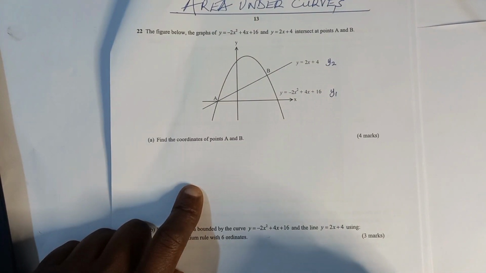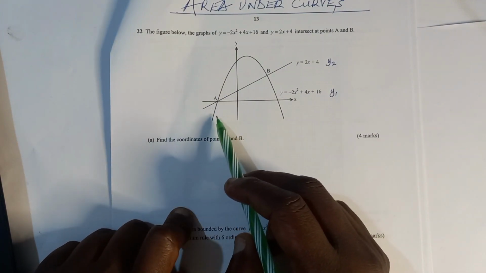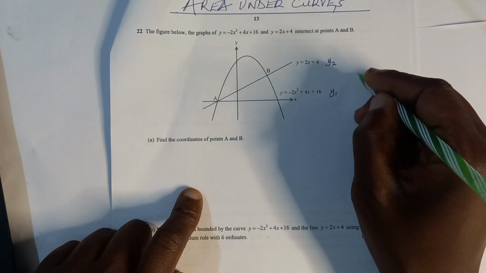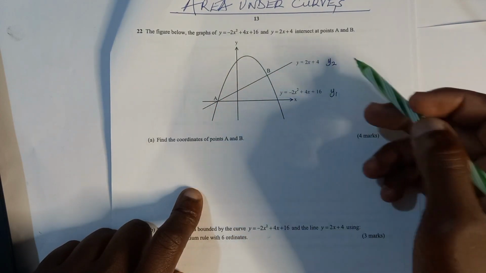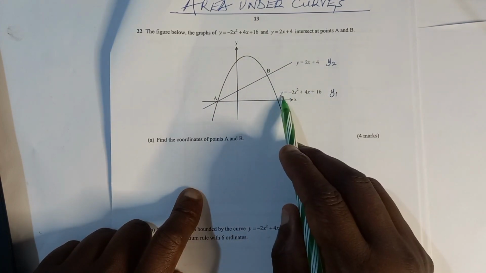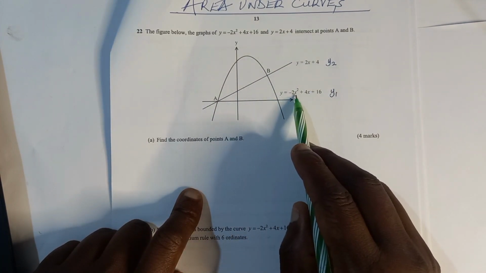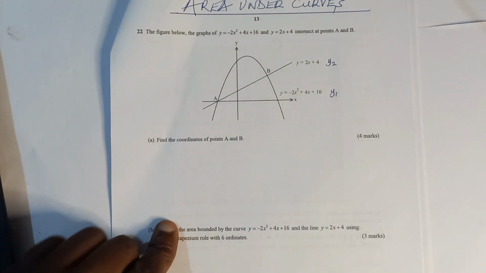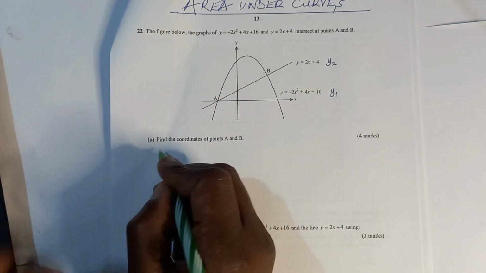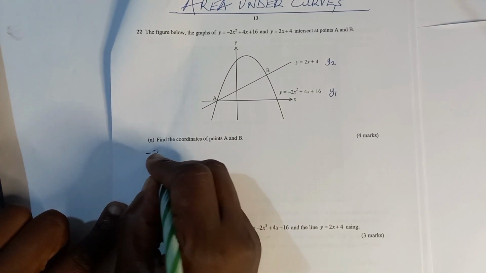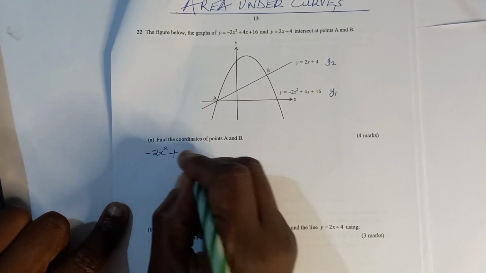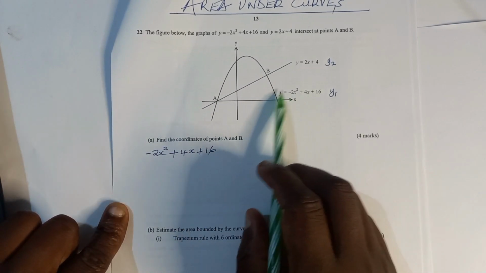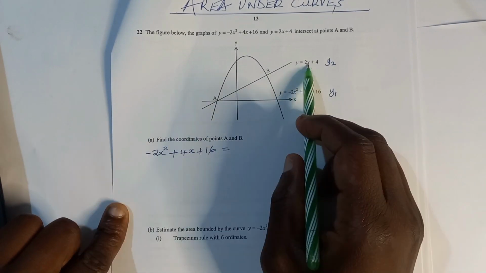To get the point of intersection of the curve and this line, we shall simply equate the y functions. The curve is y equals negative 2x squared plus 4x plus 16, and we equate that with 2x plus 4.